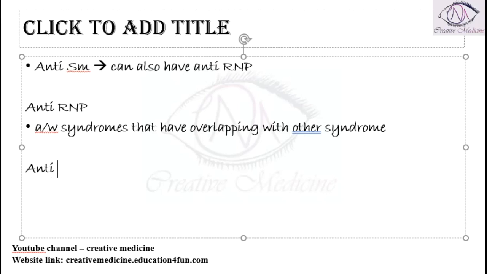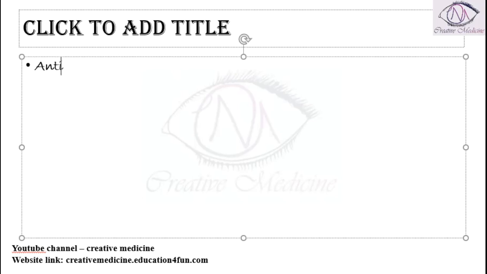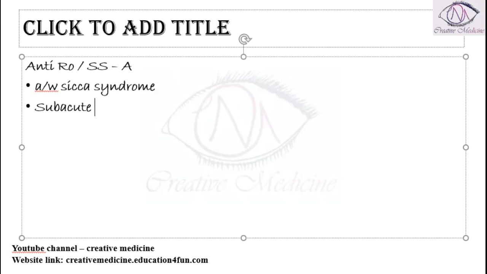Then we have anti-Rho antibody. We have two which are actually the Sjogren syndrome antibodies, like anti-Rho antibody, which is also called SSA antibody. This anti-Rho antibody is associated with Sicca syndrome, subacute cutaneous lupus, and neonatal lupus with congenital heart block.